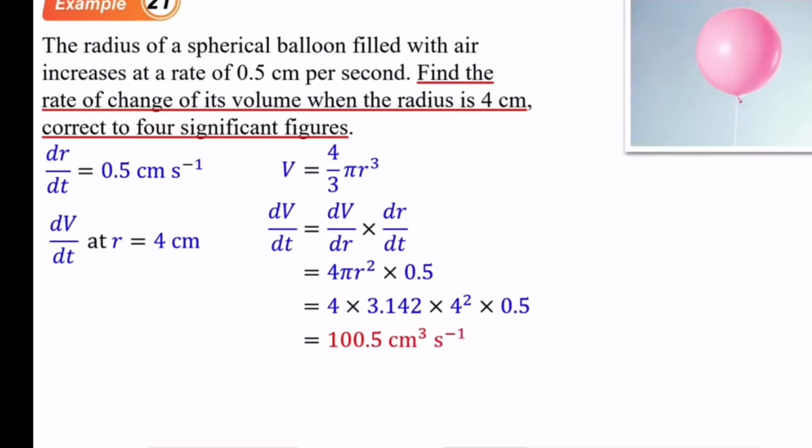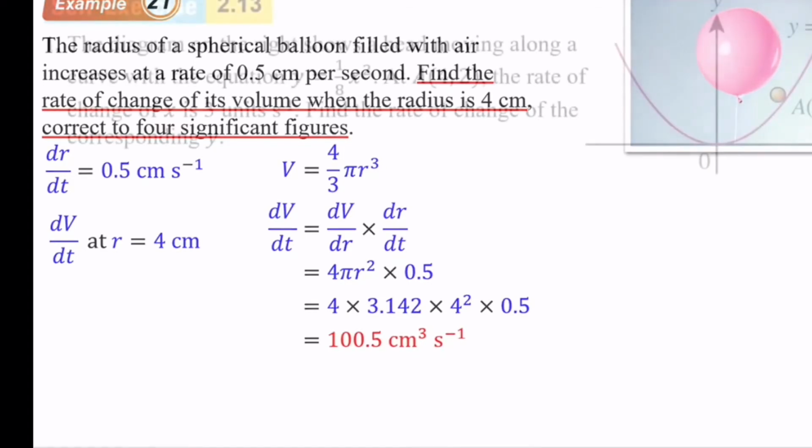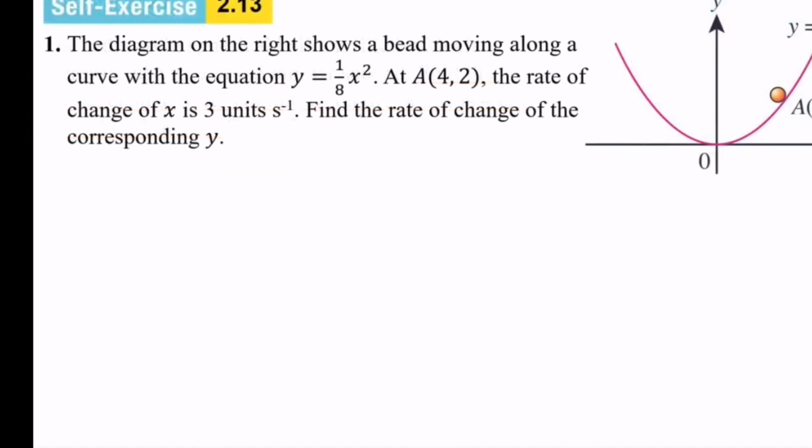So dV/dt is 100.5 cubic centimeter per second. Alright, let's proceed to another example. The diagram on the right shows a bit moving along a curve with the equation y equal to 1 over 8 x squared.